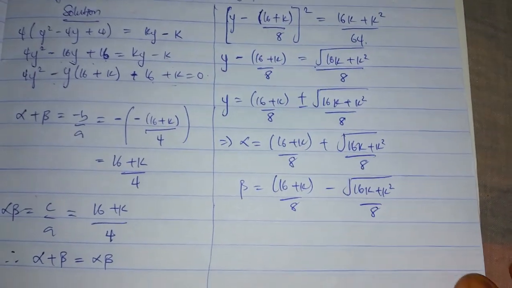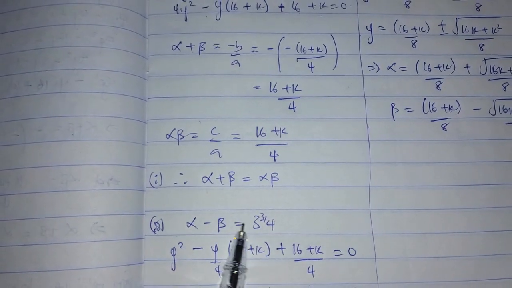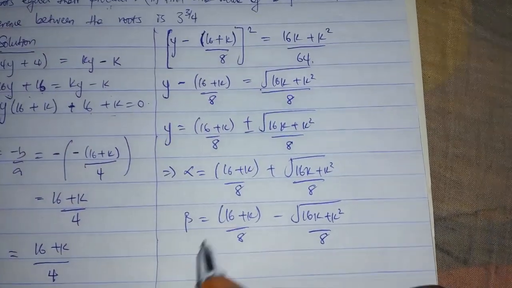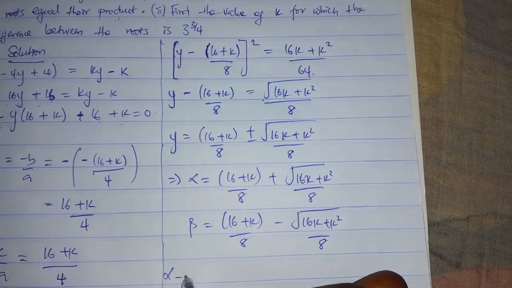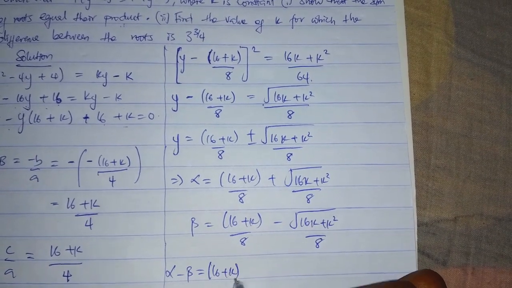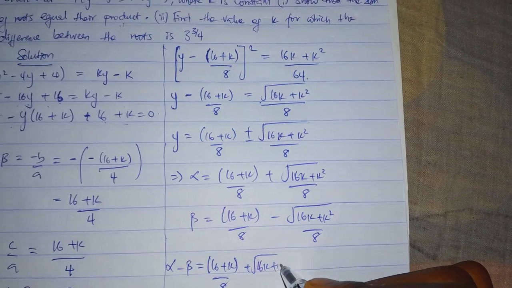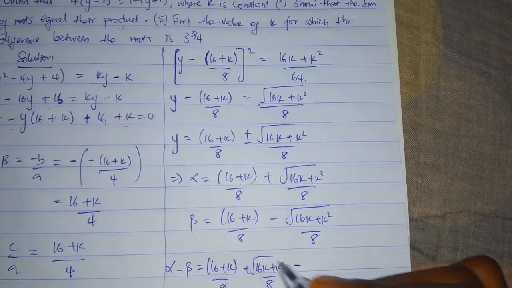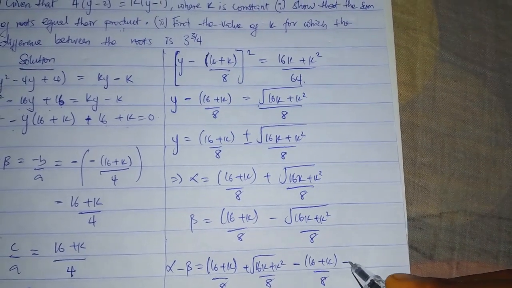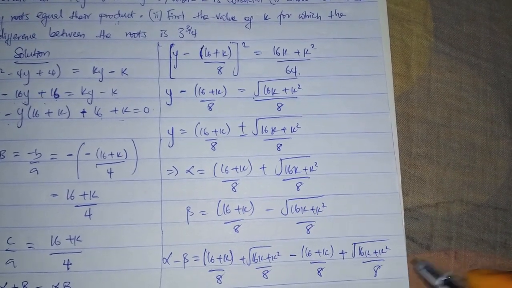Now applying what I was told to apply, that is alpha minus beta equals 3 over 4. It now becomes alpha minus beta becomes what? 16 plus k all over 8 plus 16k plus k squared all over 8, minus this 16 plus k all over 8, plus 16k plus k squared all over 8.